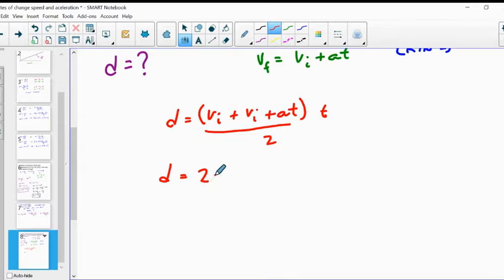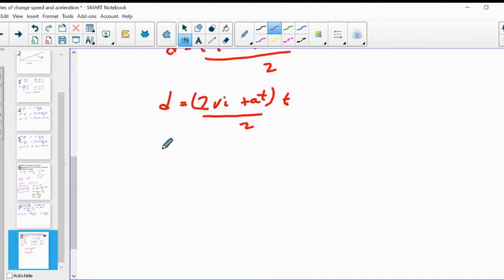I see we got 2 VIs, and we have an AT. We're going to divide this by 2 and multiply it by t. I'm going to multiply it by t first, and I'm going to end up with 2 initial velocities multiplied by t plus a t squared, divided by 2.